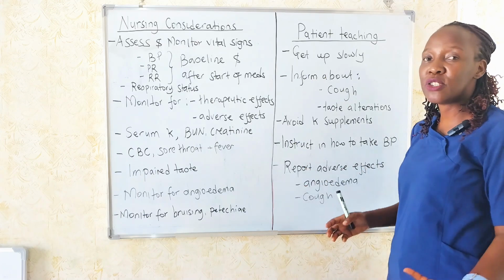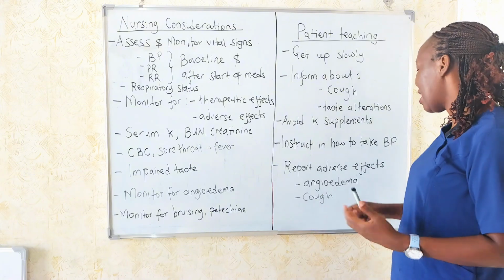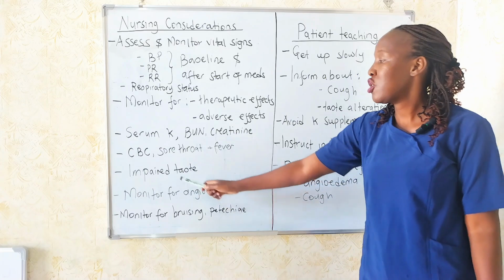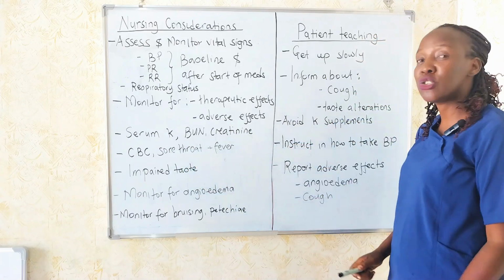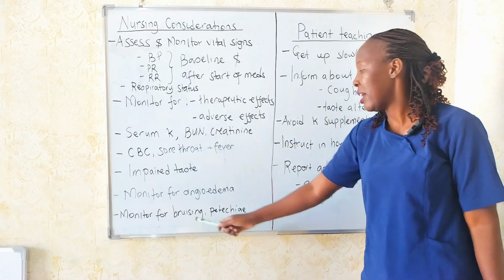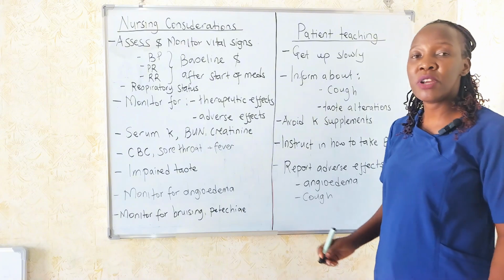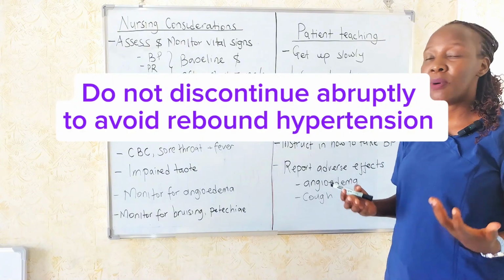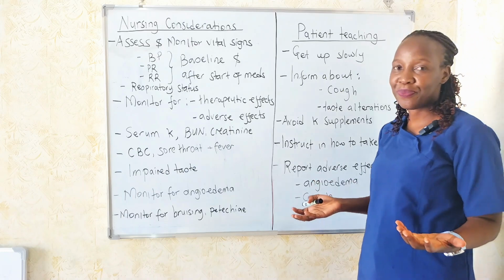Then teach them what things to report to the healthcare provider: the adverse effects, angioedema, cough itself. Teach them to report any sore throat or fever, any bruising, hemorrhages, etc. So that in that way we keep our clients safe.